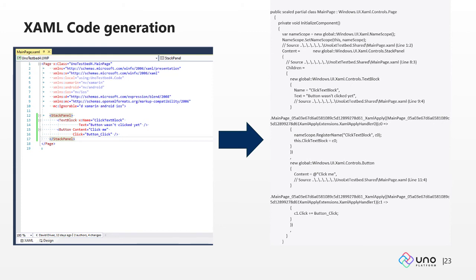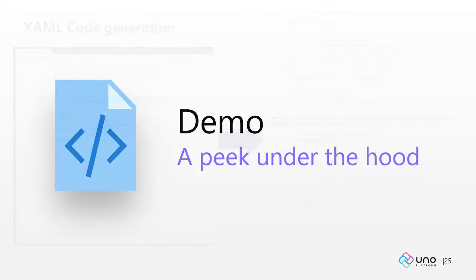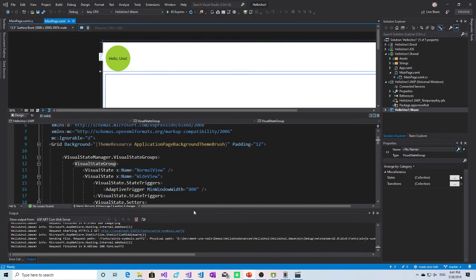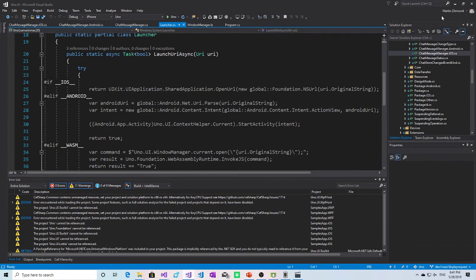It's just for the compilation and you will always keep writing just the XAML code, and this is just what Uno platform is doing for you behind the scenes. And to show you the solution of Uno platform, I will give you a peek under the hood.